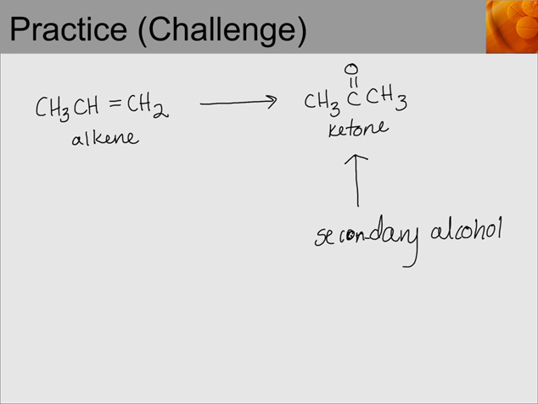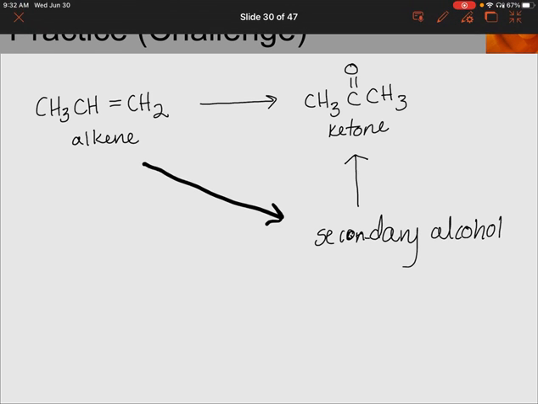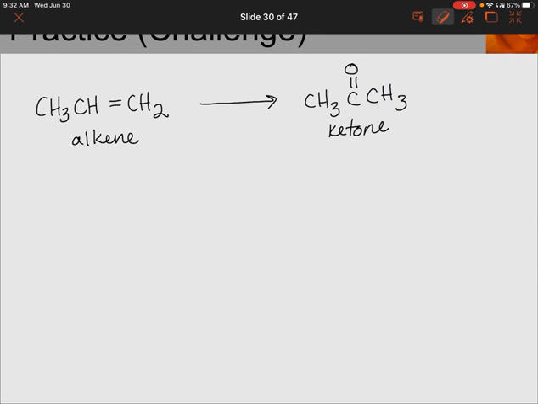And to make a secondary alcohol, we could use our alkene. Okay, so we're just kind of going from our alkene to a secondary alcohol to the ketone. Okay, so let's break that up into separate steps. So how would we go from our alkene to a secondary alcohol?